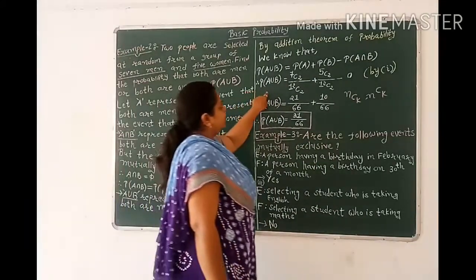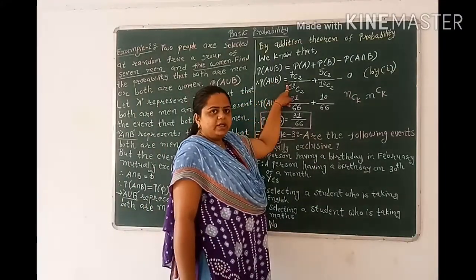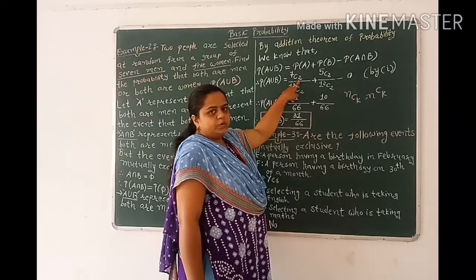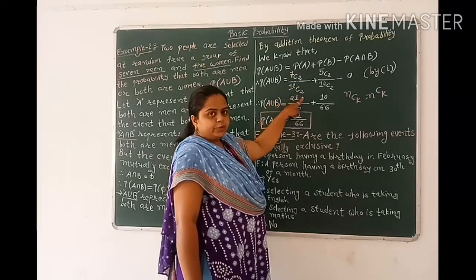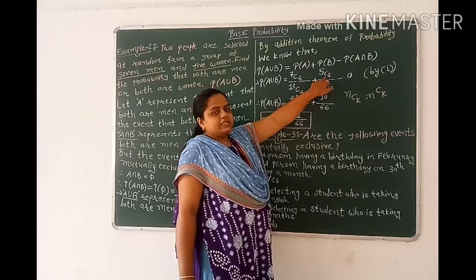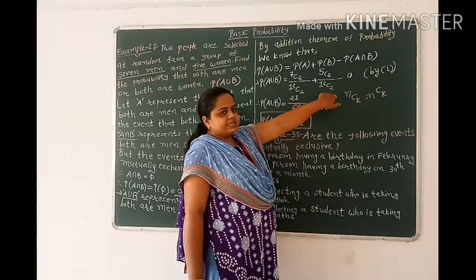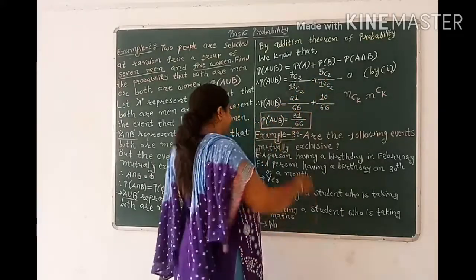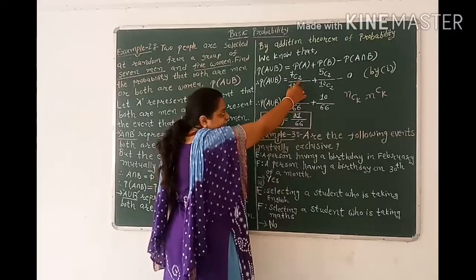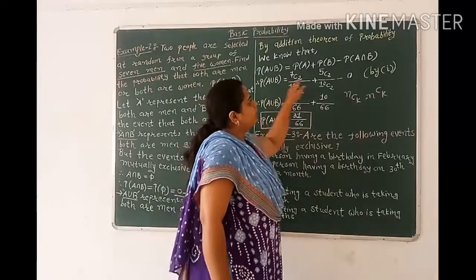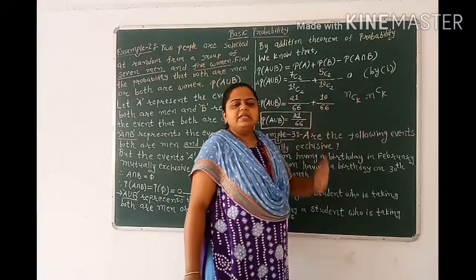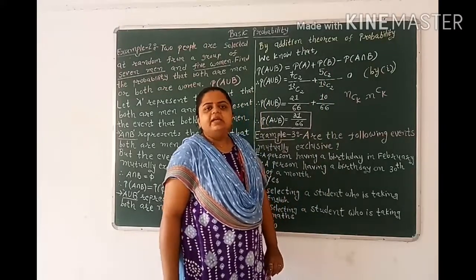So probability of A union B equals 7C2 over 12C2 plus 5C2 over 12C2. Therefore, we have to find 7C2, 12C2 and 5C2 using a calculator directly.